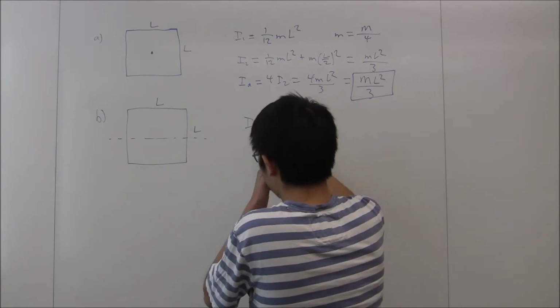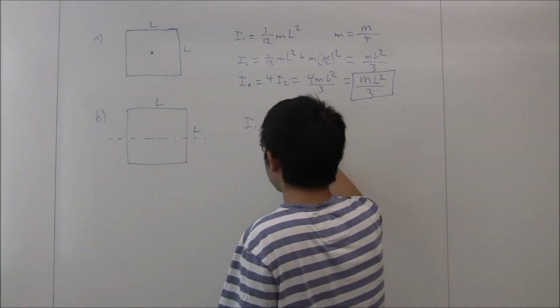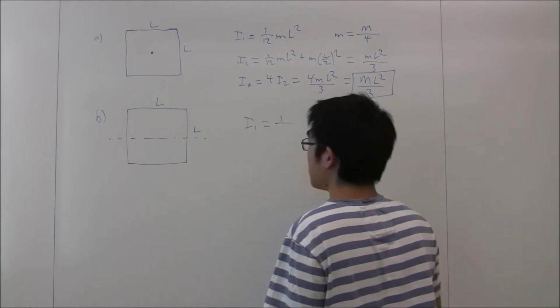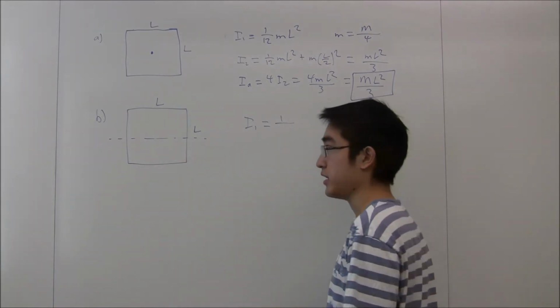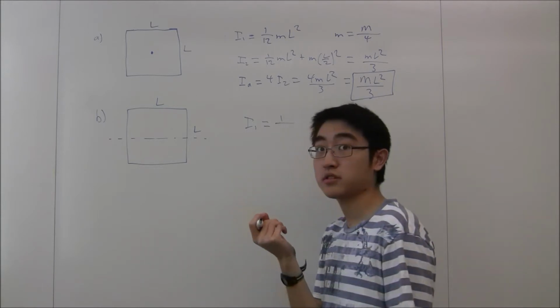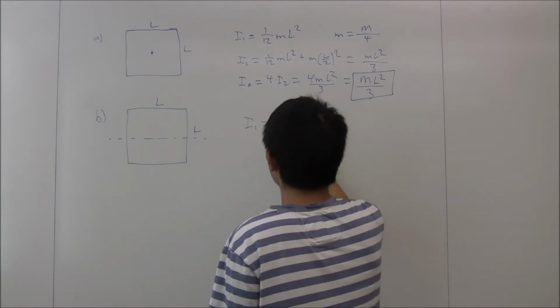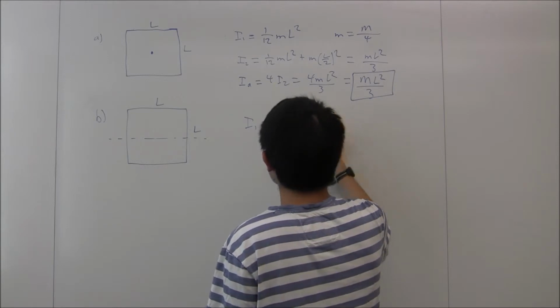So that's going to be given by, for each of these, the expression for the moment of inertia of the wire rotated about its center.